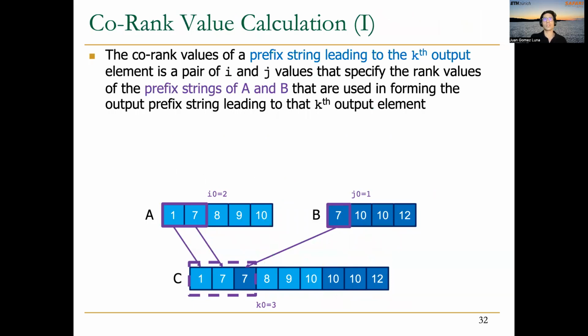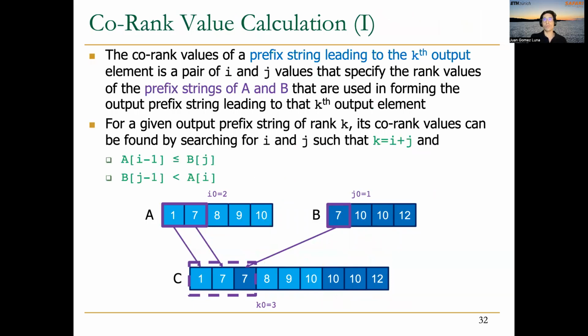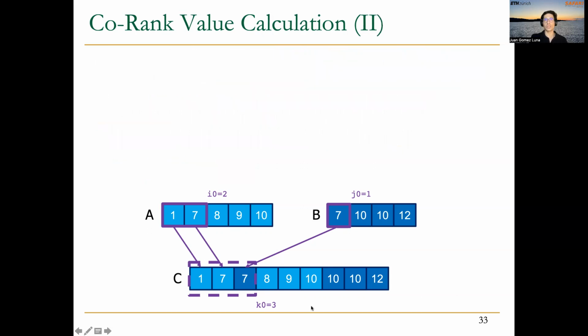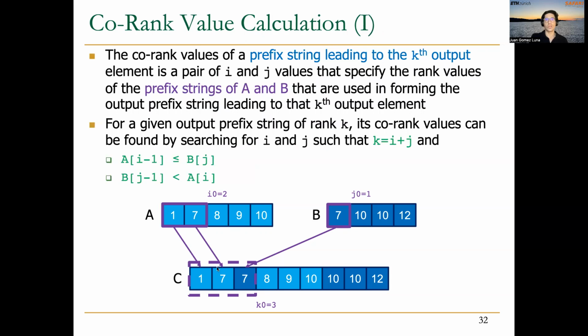So how to calculate the co-ranks? The key of calculating the co-ranks is basically taking into account that k, which is the rank, is equal to i plus j, which are the co-ranks for each individual thread, and also the observation that A[i-1] is less or equal than B[j], and B[j-1] is less than A[i]. And that's what we can see here, right?